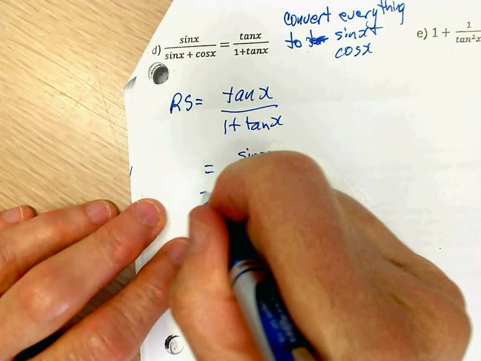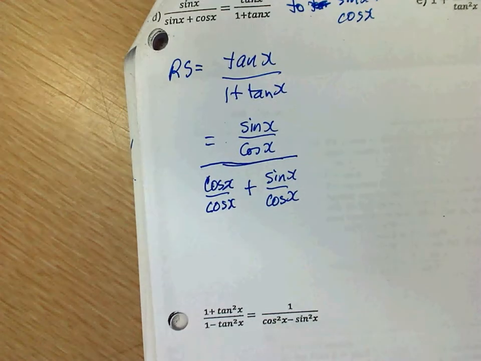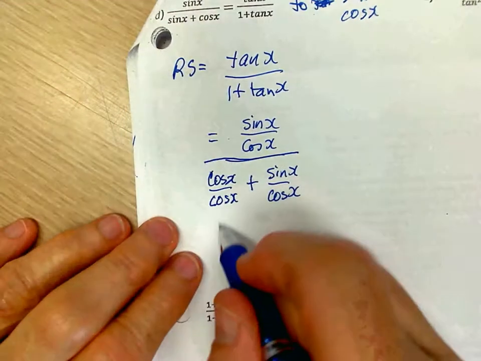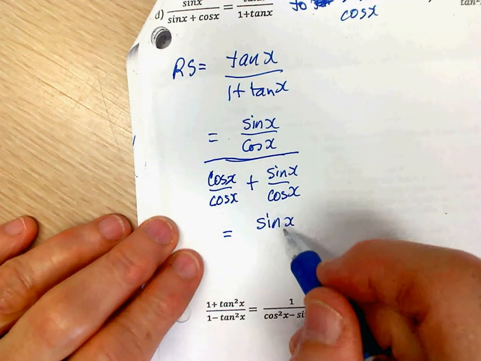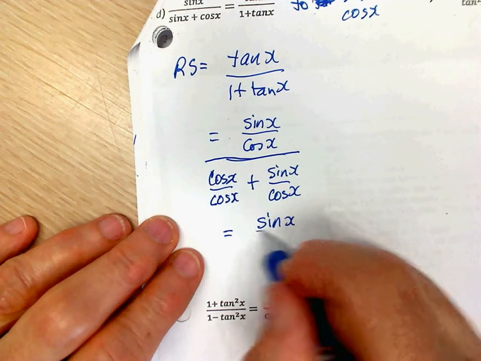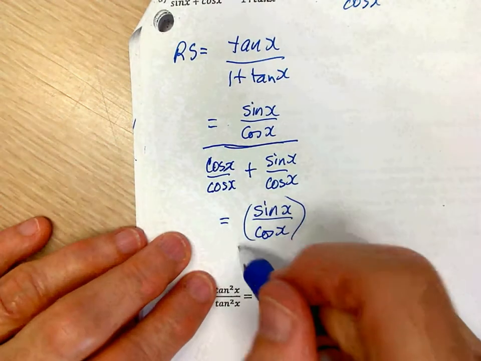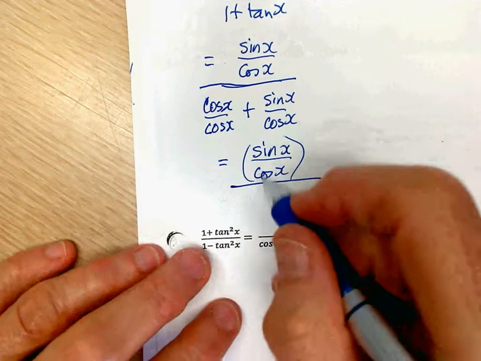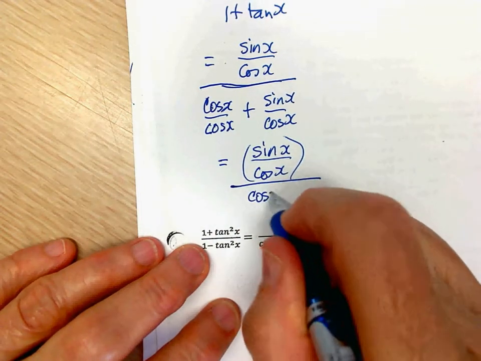That's no problem. So now we have sine x over cos x, right? That's your numerator. And then we'll bring them together: cos x plus sine x over cos x.